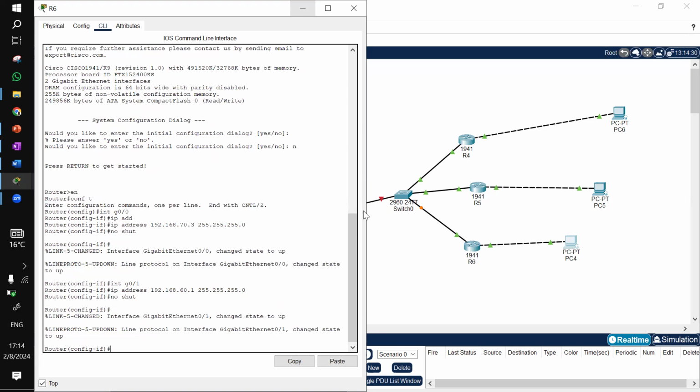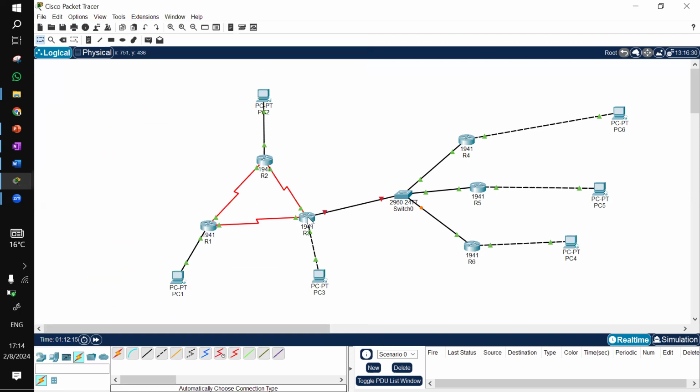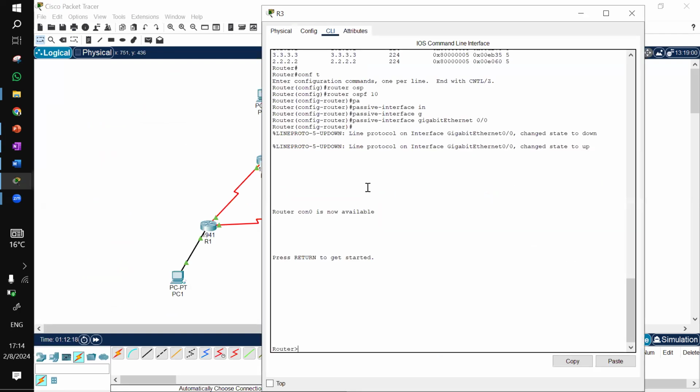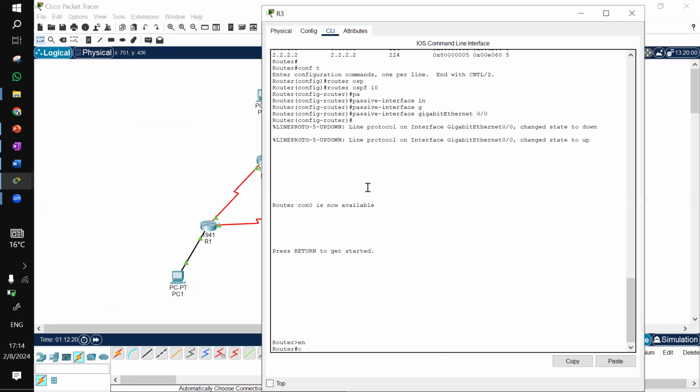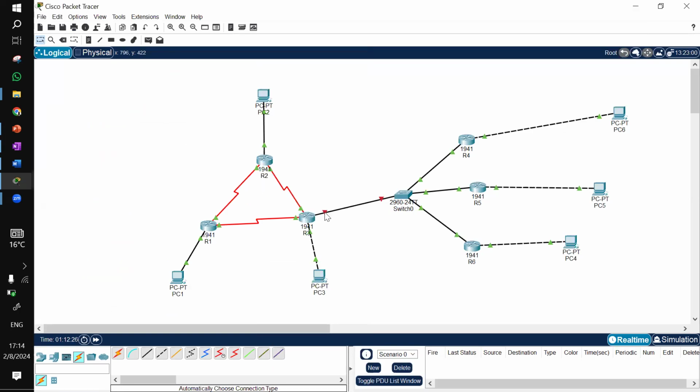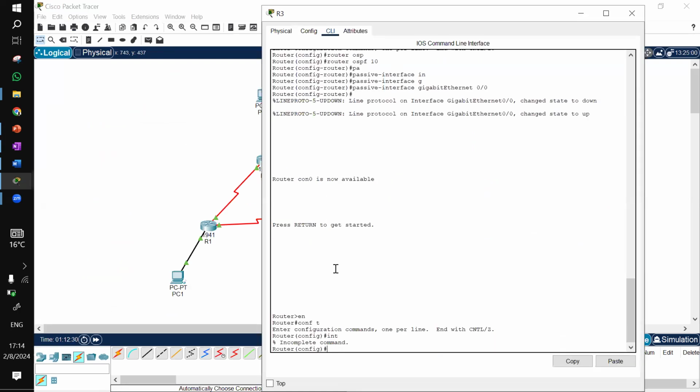Yes, this is the link right here on router number 3. Enable, config terminal, interface. This link is gigabit Ethernet 0/1. Okay.